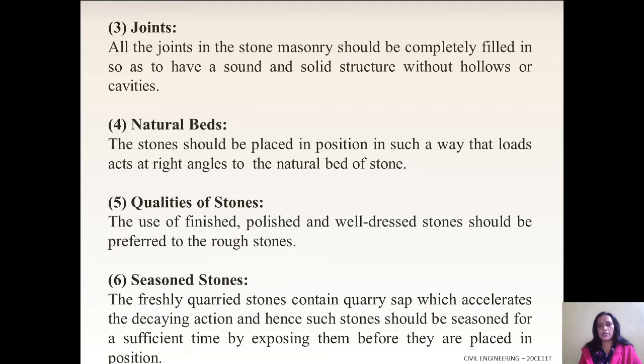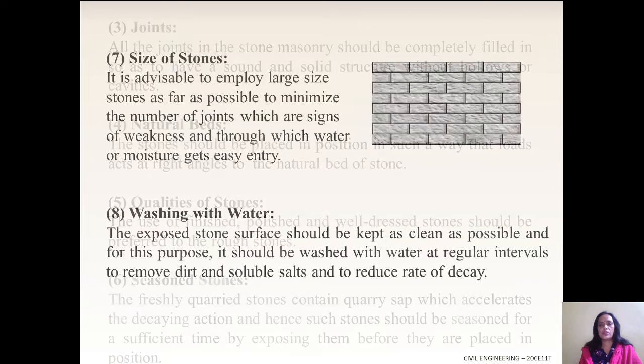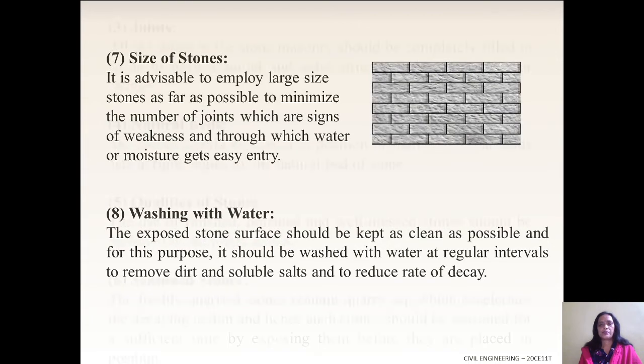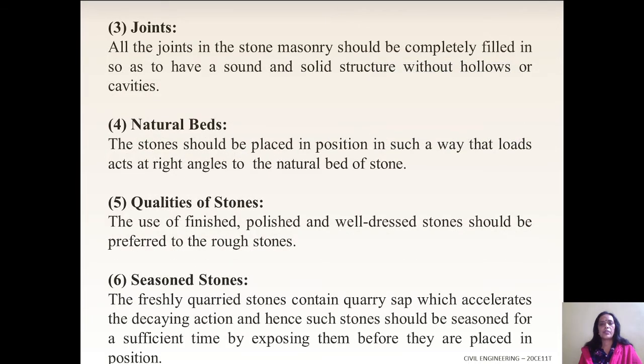The natural beds. The stone should be placed in position in such a way that the loads act at right angles to the natural bed of stone. The quality of stone is also considered, that is, the seasoning of the stones.